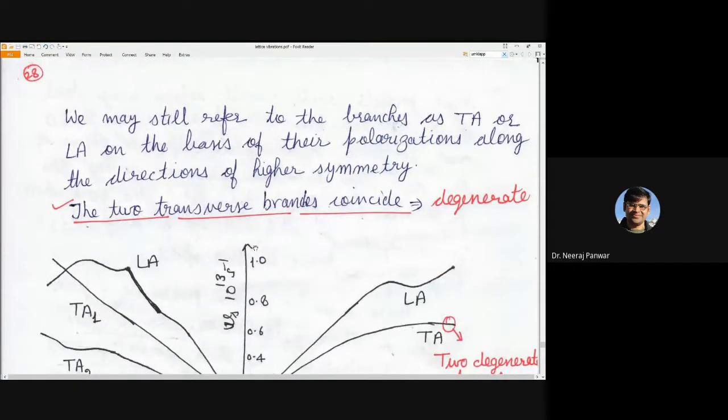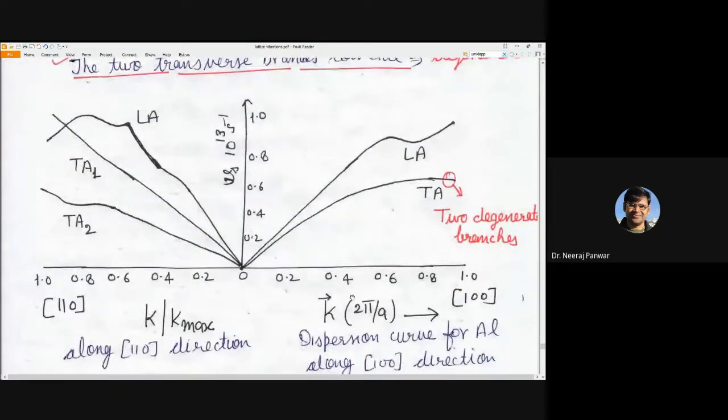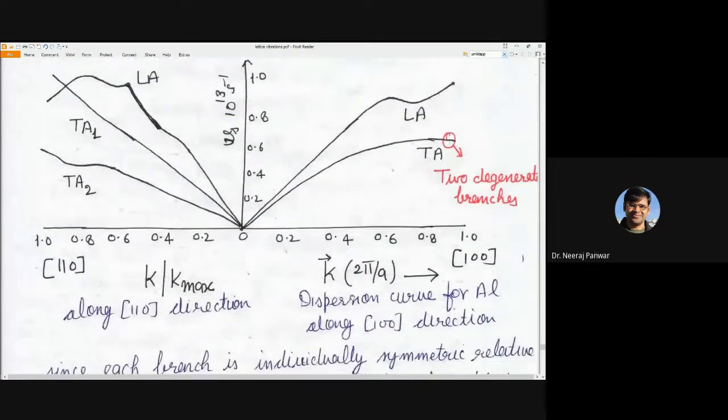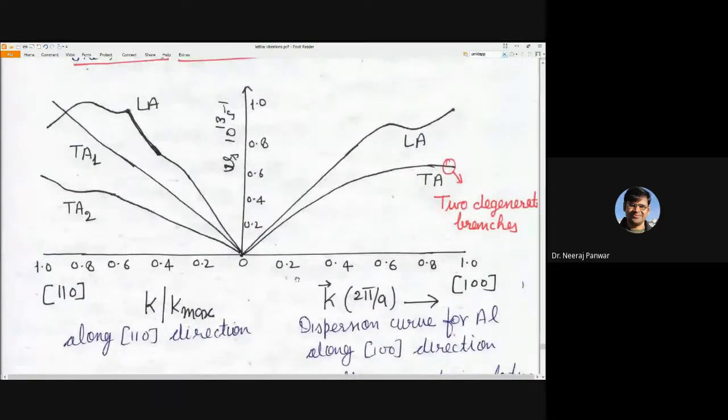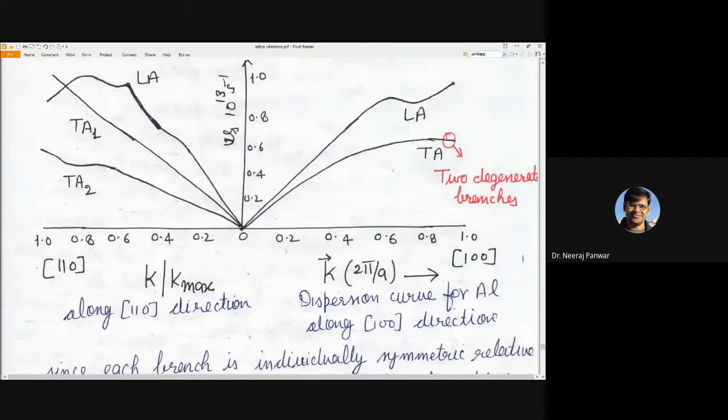It may also happen that the two transverse branches have the same energy. In that case, the two branches will be degenerate and they will coincide. For example, we see the three-dimensional dispersion curve of aluminium.